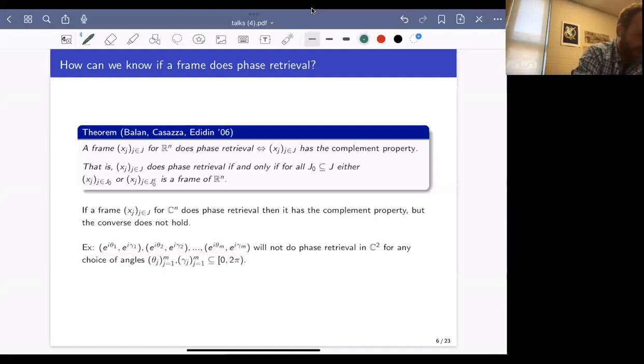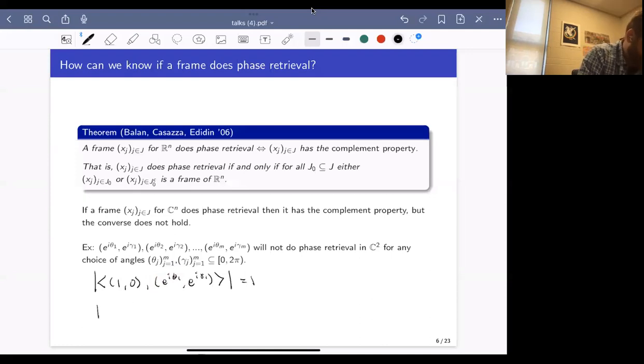Because if I take the vector which is 1 in the first coordinate, and look at its inner product with one of these frame vectors and then do its absolute value, well, this has modulus 1, so this is just going to be 1.